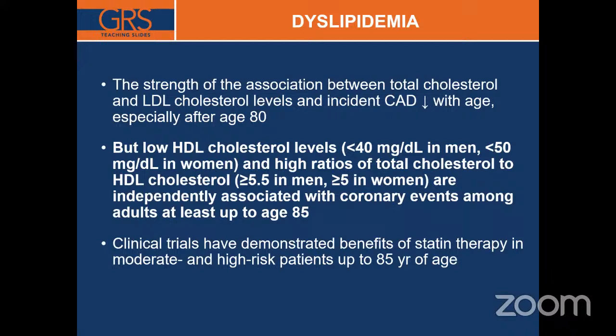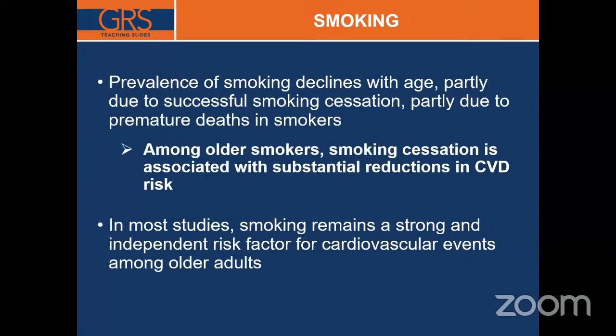They are independently associated with coronary events among adults at least up to age 85. So for the elderly, a low HDL is more important than a high LDL. And clinical trials have demonstrated benefits of statin therapy in moderate and high-risk patients up to 85 years of age. Next slide, please.